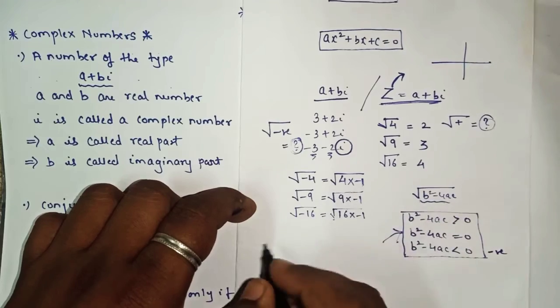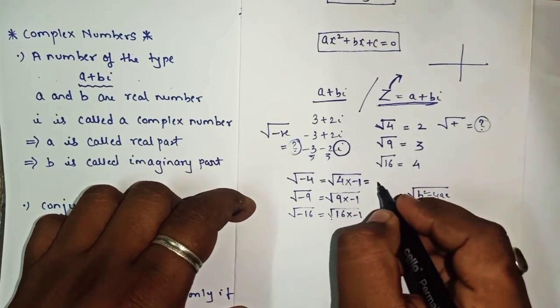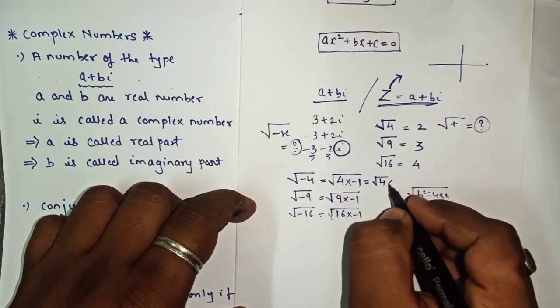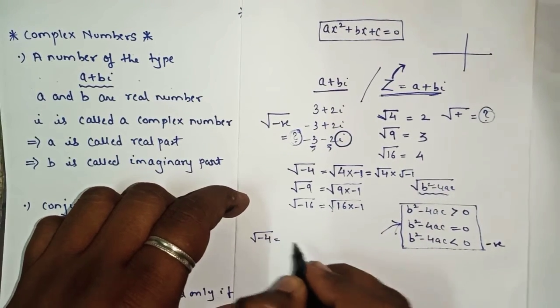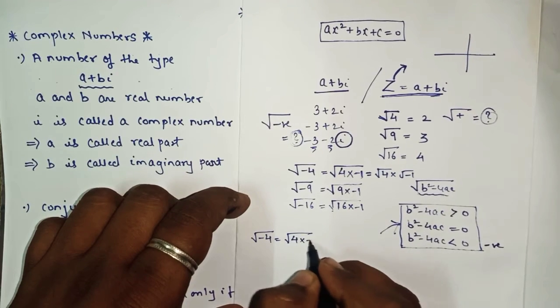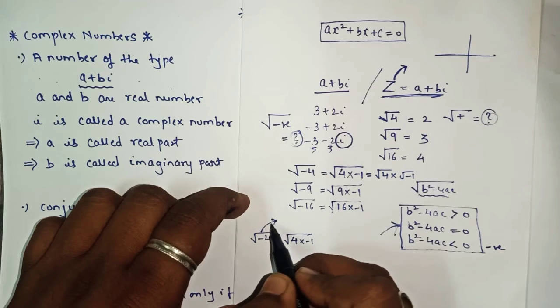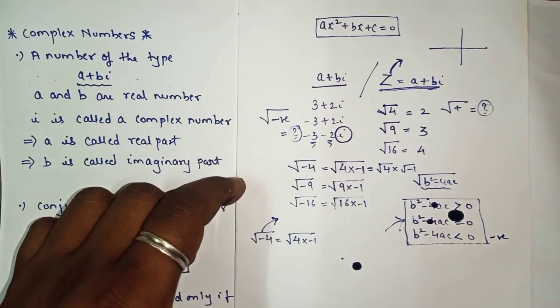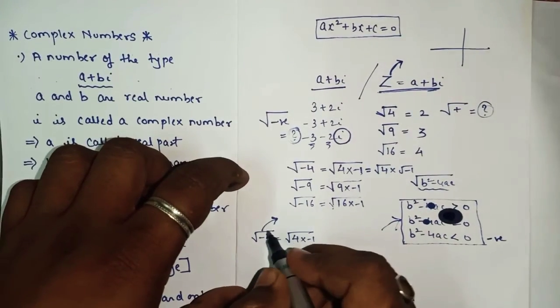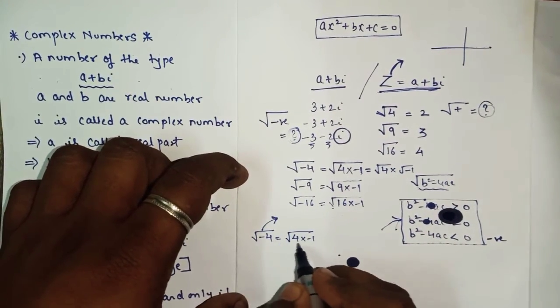Now after this, can I write root of 4 into minus 1 as root 4 into root minus 1? Yes or no? Here, root minus 4 I can write as root of 4 into minus 1.